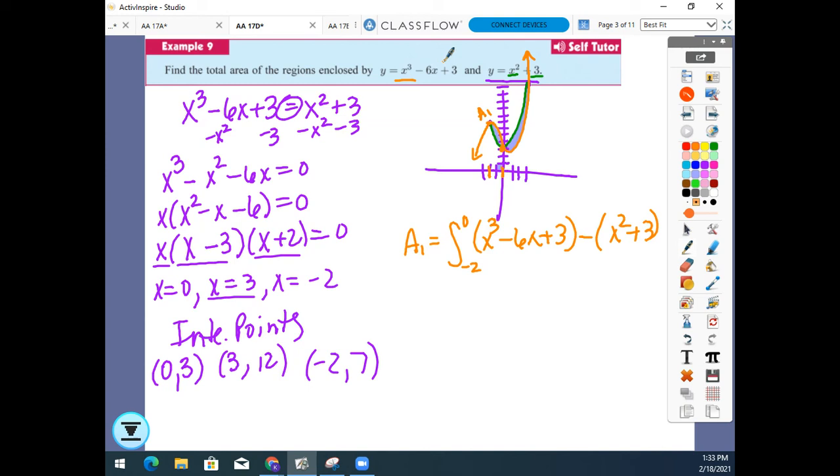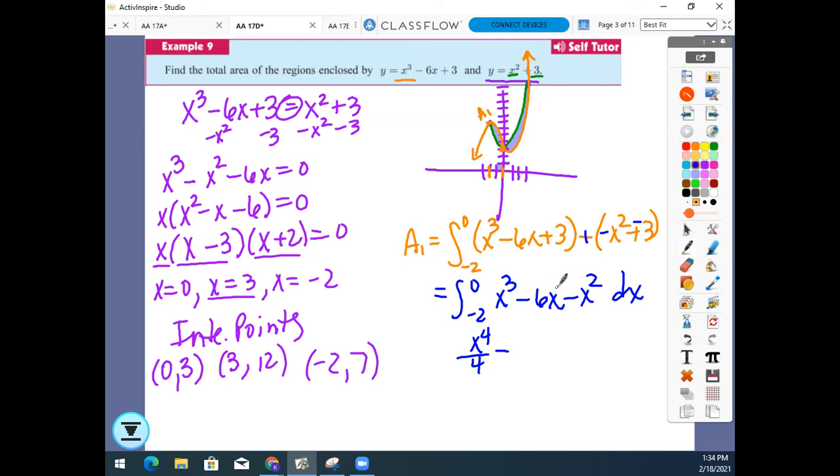All right. So I'm going to distribute this and combine my like terms. And the 3's cancel. These are out of order, but that's not a huge deal. Now I'm ready to take my antiderivative, add 1, and divide.